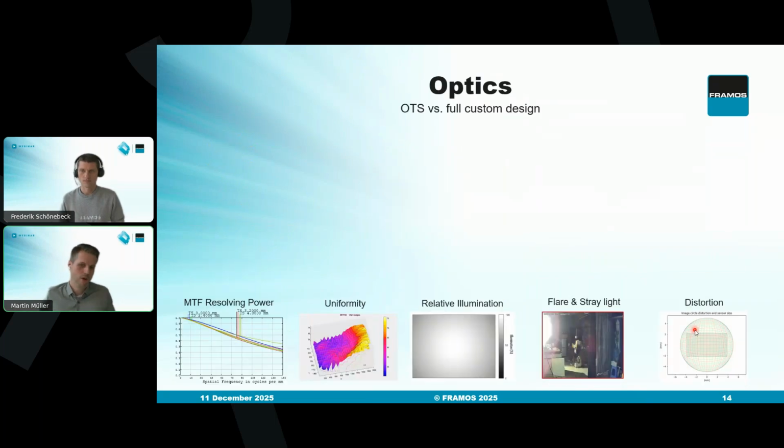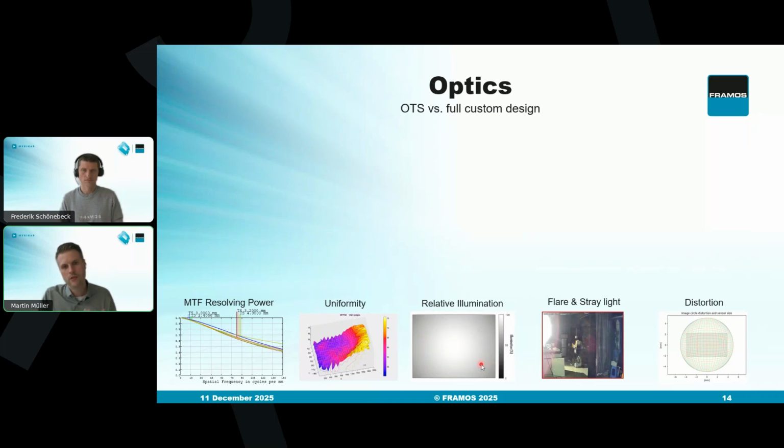So the optics is also a huge topic. I'm not able to cover all of it in detail today, but let me try to summarize the main chapters of optics that play a major role for selecting and creating optics. We have MTF, so sharpness, resolving power. We have uniformity, so how the sharpness behaves in the image center versus the image corners.